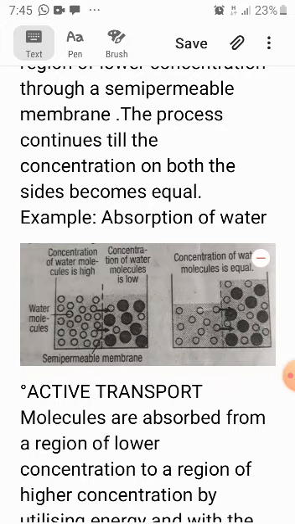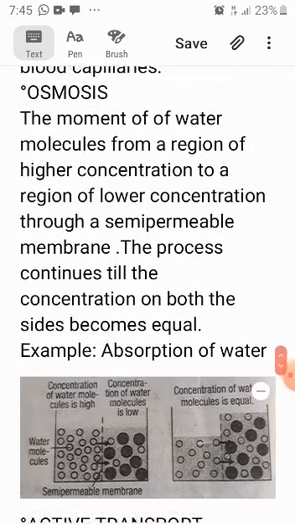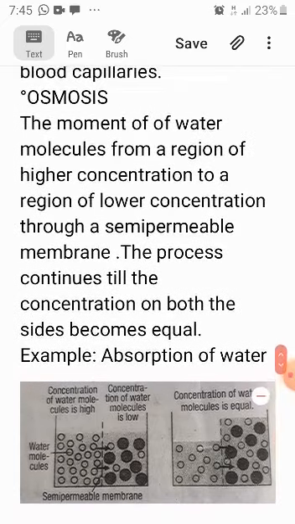What is osmosis? It is the movement of water molecules from a region of higher concentration to a region of lower concentration through a semi-permeable membrane. In this, the movement of molecules takes place through the semi-permeable membrane.